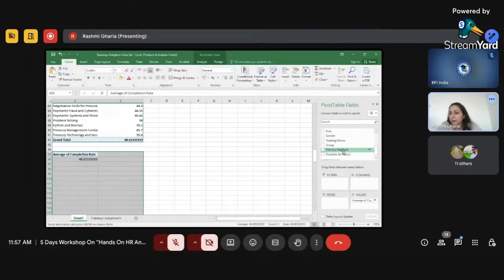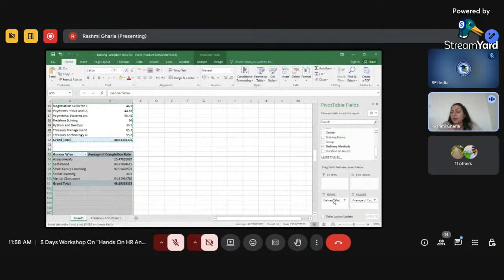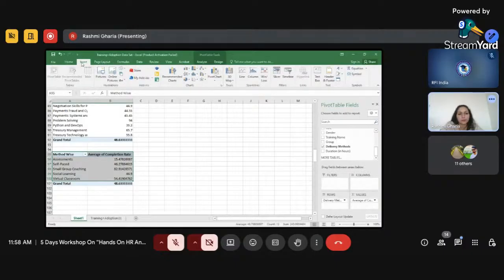What is happening, and in which segment? What is happening, right? So if you see here, what can we interpret? Training method-wise adoption rate. What can you interpret out of this?